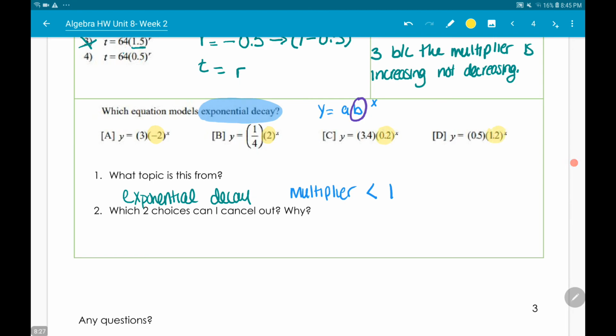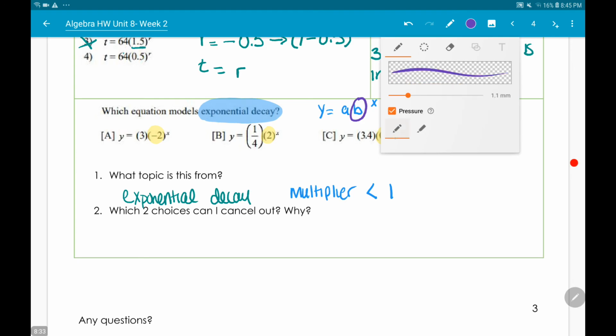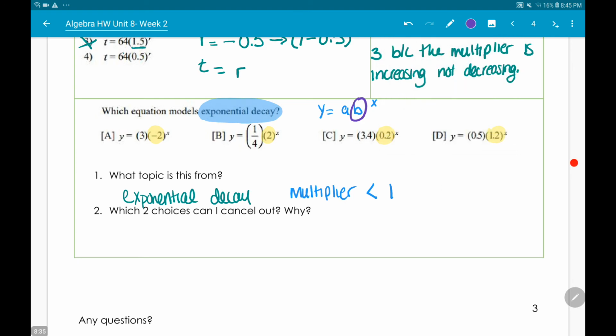And 1.2 here. Now, when we looked at exponential equations in class, we never, ever saw a negative multiplier. We saw a negative y-intercept, but not a negative multiplier. So we're going to eliminate A because the multiplier is negative.